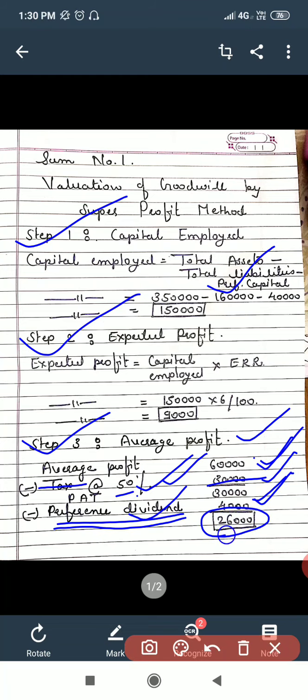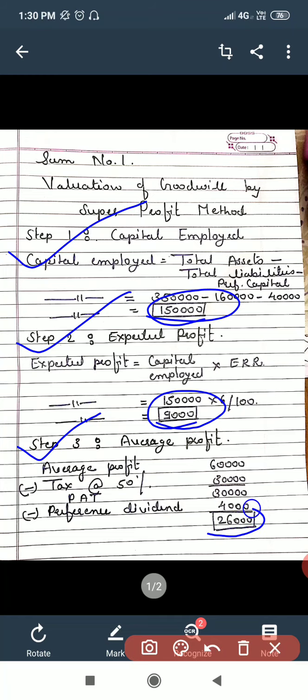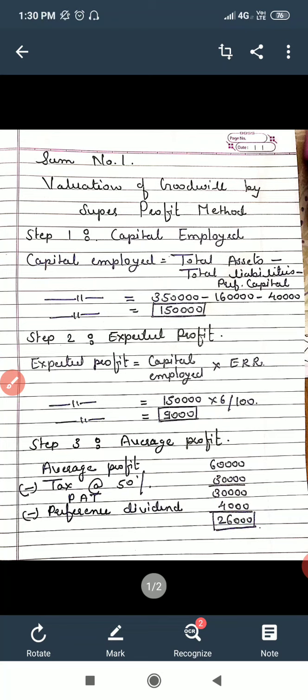Now you are there with your average profit of rupees 26,000. So step number 1, capital employed, we are done, that is rupees 1,50,000. Step number 2, we have received our expected profit at rupees 9,000, and step number 3, we are there with our average profit of rupees 26,000.